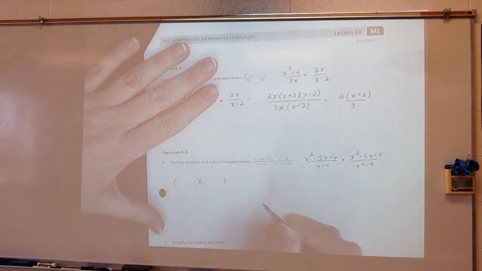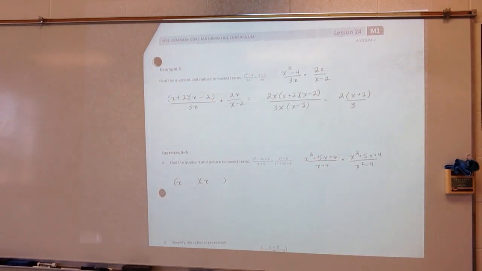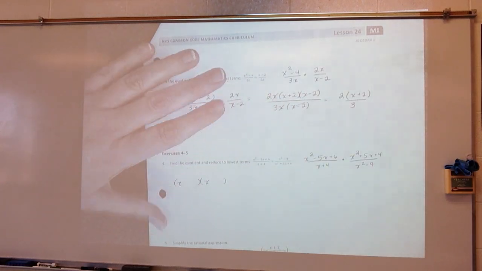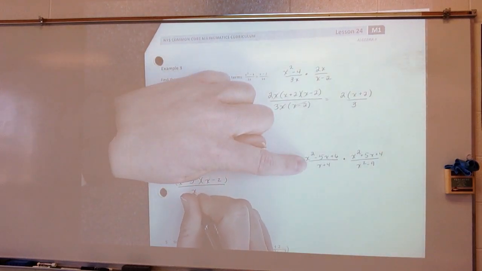Can I factor the top? I can. I get x and x. Because it's a minus plus, my factors of 6 should add together to give me -5. So -3 and -2. Then I have x plus 4 on the bottom.